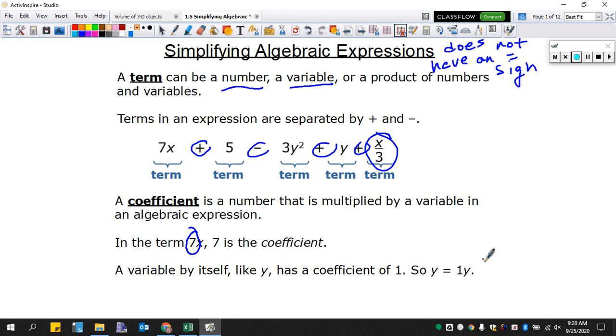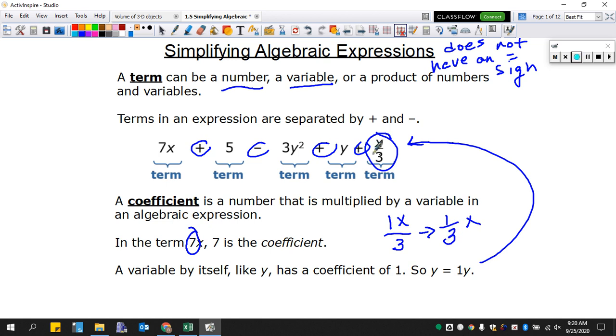Well, where that also comes into play is with the x over 3. This would be 1x over 3, which could be written as 1/3 x. All right. So you can see here that this x divided by 3 is the same thing as multiplying x by 1/3.